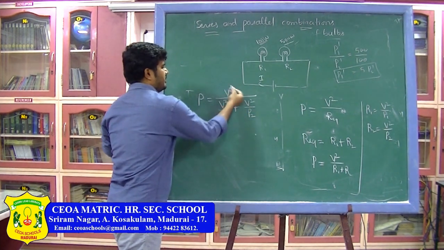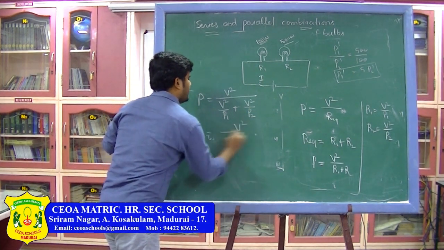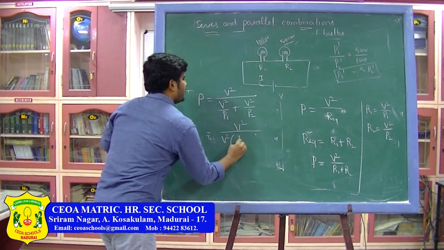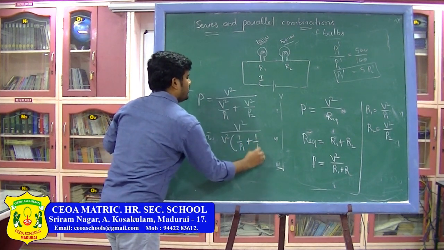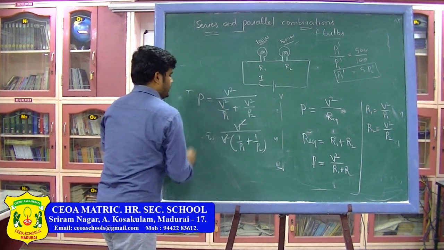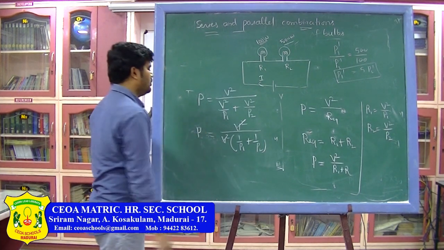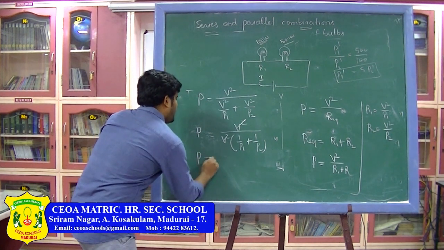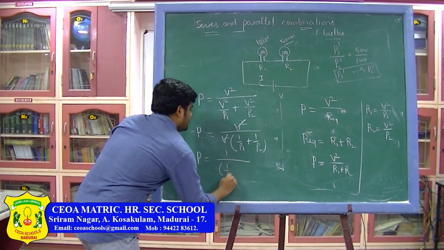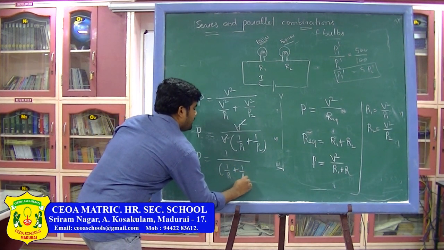Now I can take this V square common, so V square divided by V square of 1 by P1 plus 1 by P2. So V square gets cancelled, you will get P is equal to 1 by P1 plus 1 by P2.